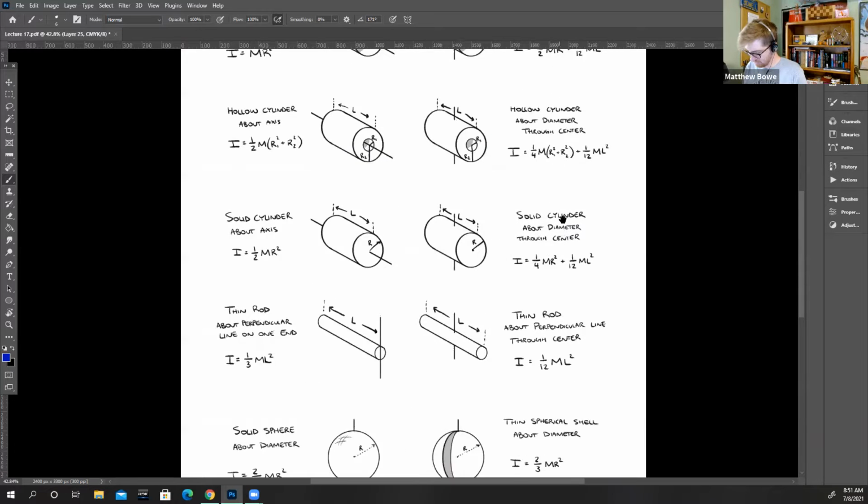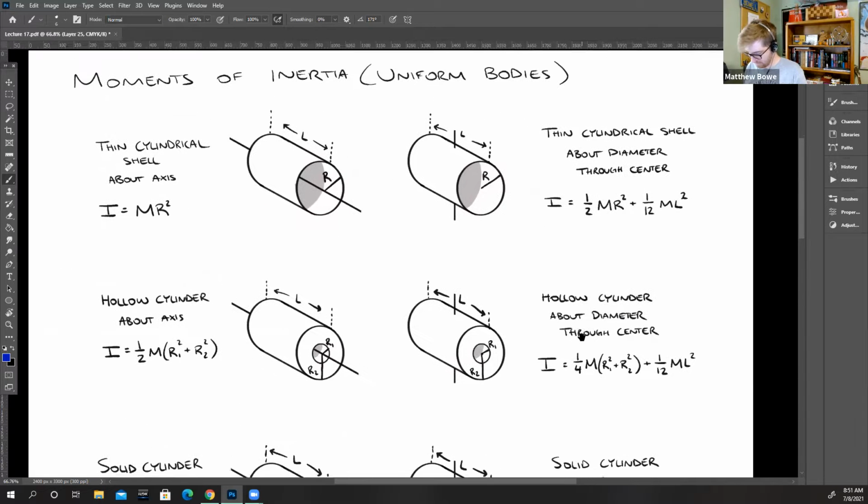Let me zoom in a bit and we'll go a bit more detailed. For these first few, imagine it's a shape that has just very minimal material that makes a cylinder right here.